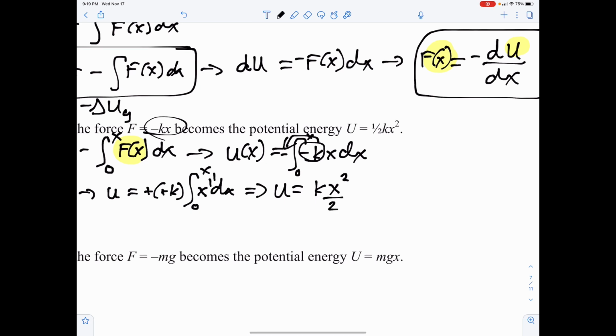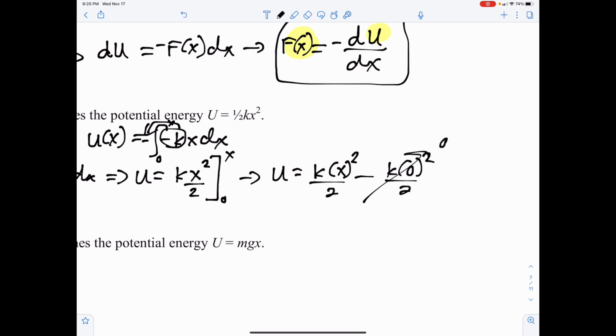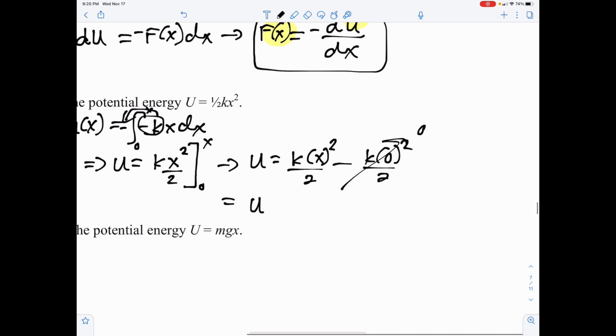Remember the power rule: we add 1 and then divide by 1 plus 1. We evaluate this from 0 to x. So U equals k times x for x, which is just x, minus plugging 0 in for x: kx squared over 2 minus k times 0 squared over 2. Well, that whole thing goes to 0, and so what we end up with is U equals 1/2 kx squared.